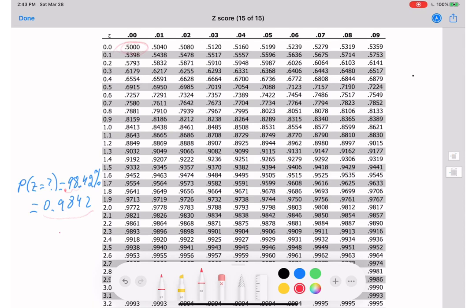And that is gonna be, let me see, 9842. And that is precisely right here, 9842, right here.